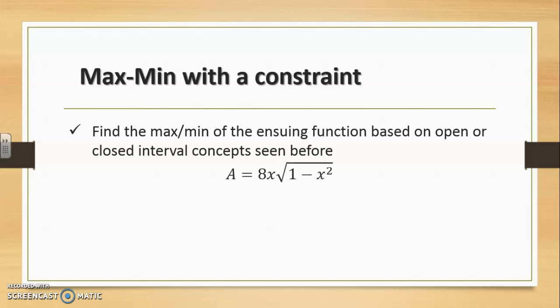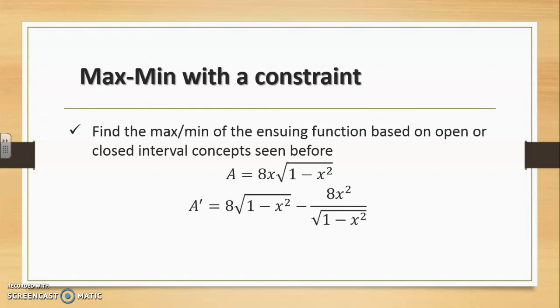Here is the area, as described in terms of x. Now to find max and min, we need to identify critical points. So as a first step, we need to differentiate function A in terms of x. There's definitely a product rule to apply here since 8x is multiplying the root of 1 minus x squared. So the derivative of 8x is 8, and the derivative of the root of 1 minus x squared requires a chain rule.